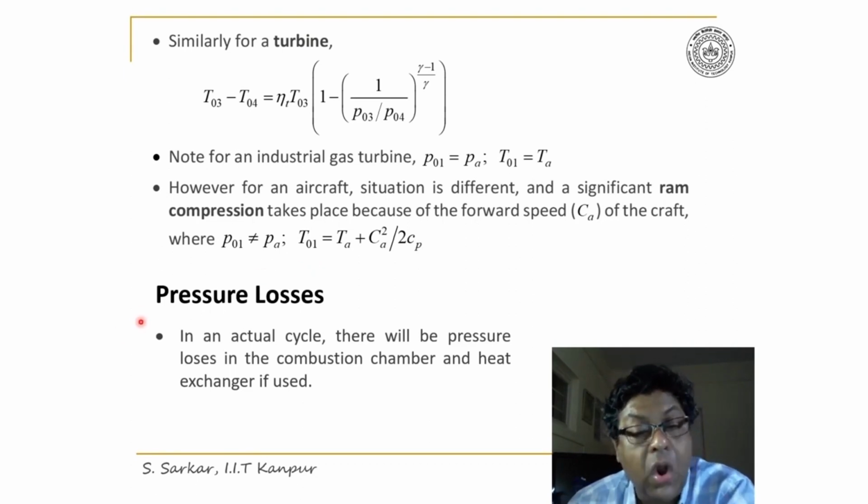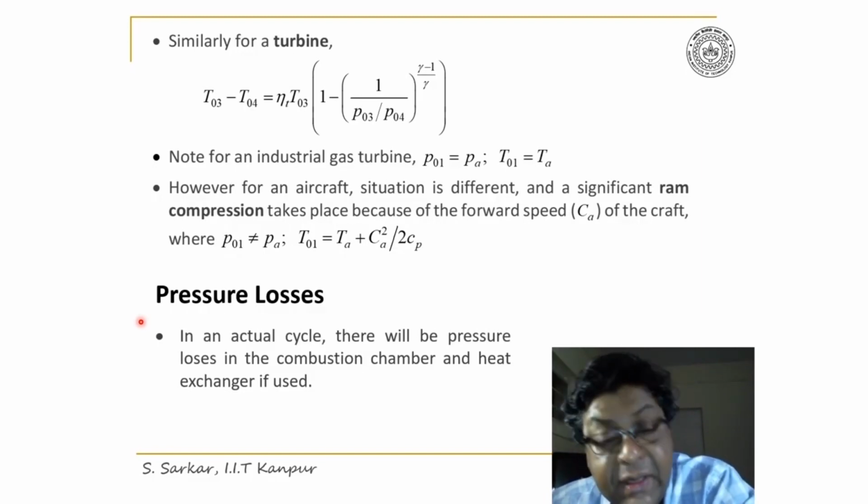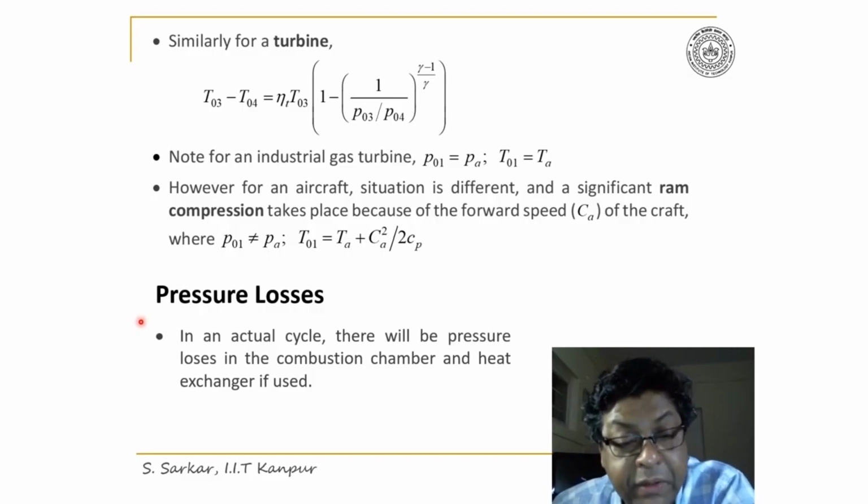Now I'll discuss pressure losses. In an actual cycle, there will be pressure losses in the combustion chamber, heat exchanger, and in the ducts.